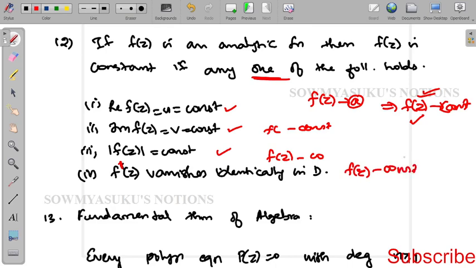So for all these four properties, the condition should be that f(z) is analytic, then only this will be true.